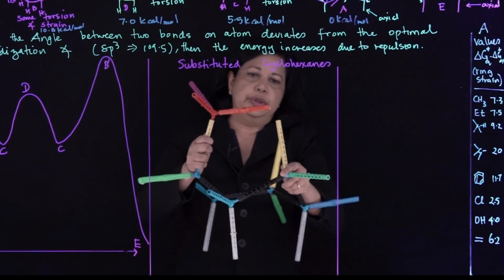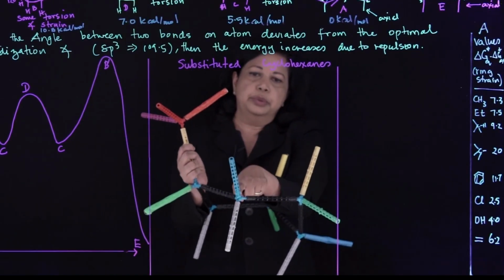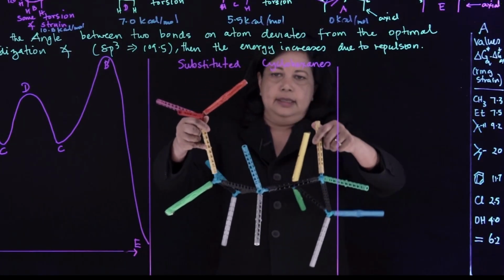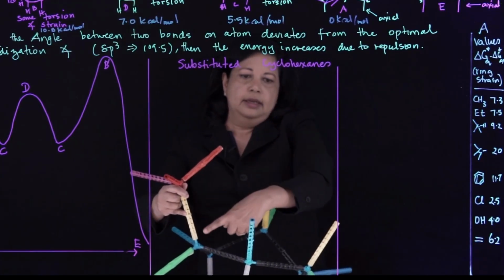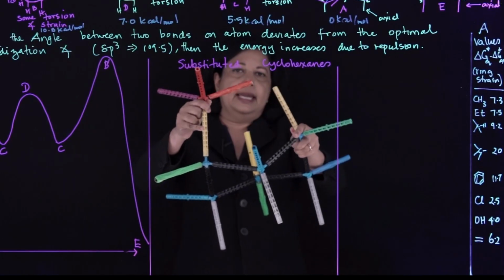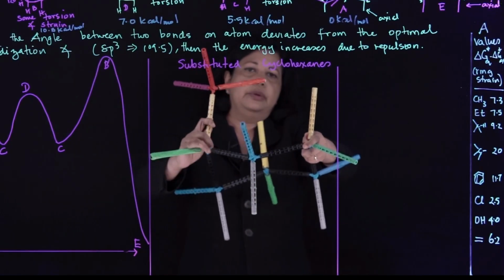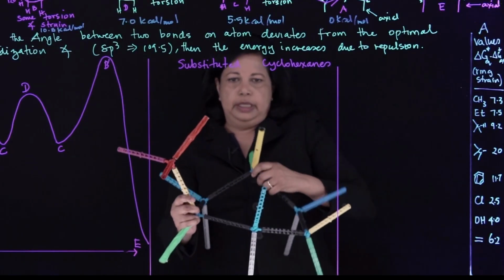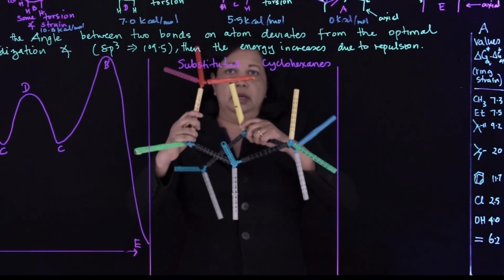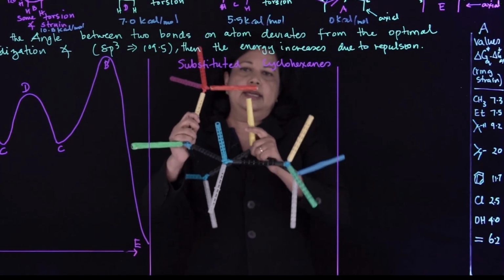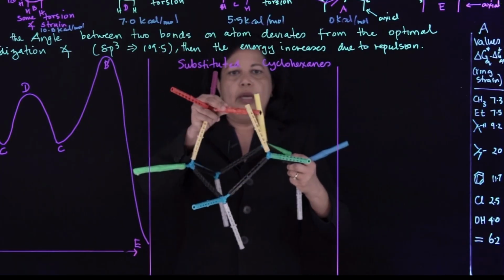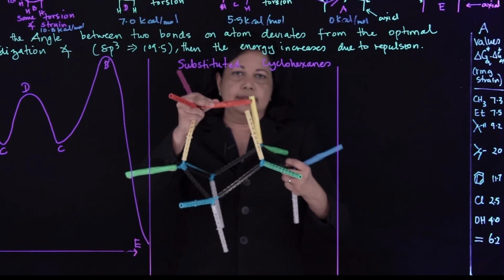So therefore, you're going to have 1, 2, 3 carbons away between 2 axial bonds. So that's called 1,3 diaxial. You have 1 here, and then 1, 2, 3 carbons away, you have another one. So that's another 1,3 diaxial. So every axial group will have 2 1,3 diaxial interactions.